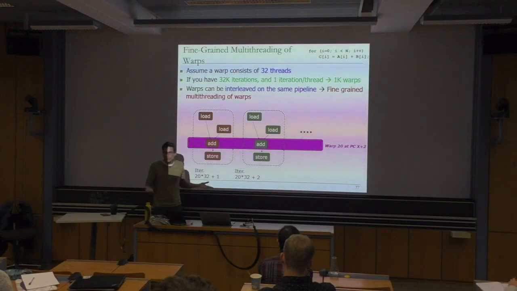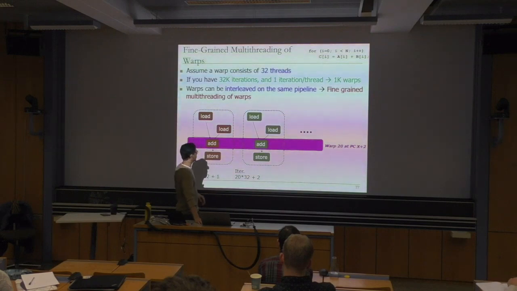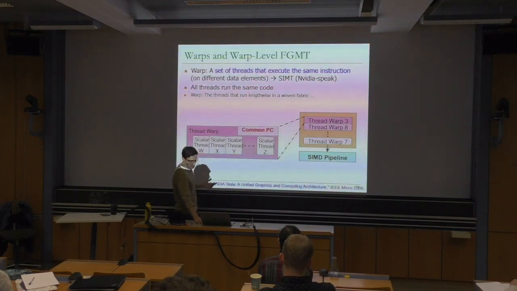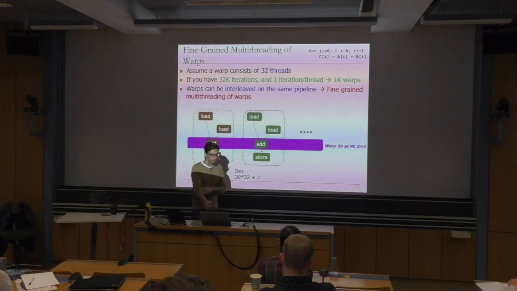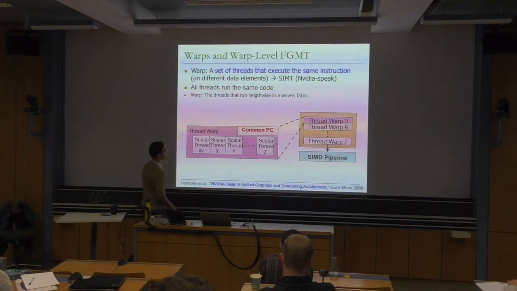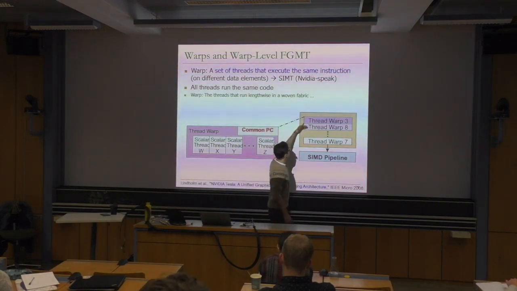Otherwise we could be doing crazy scheduling, and we really want to schedule things in the right way. After that we might want to schedule this instruction for warp 2 and then this instruction for warp 26. Okay, so this is essentially how the different warps are scheduled onto the SIMD pipeline.